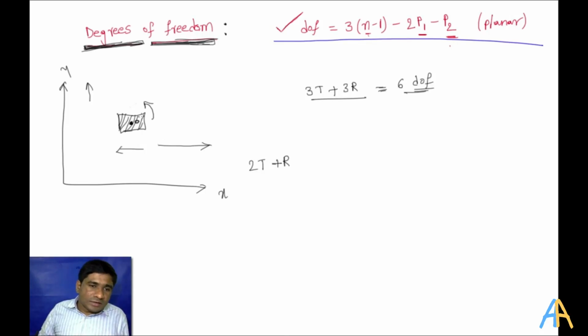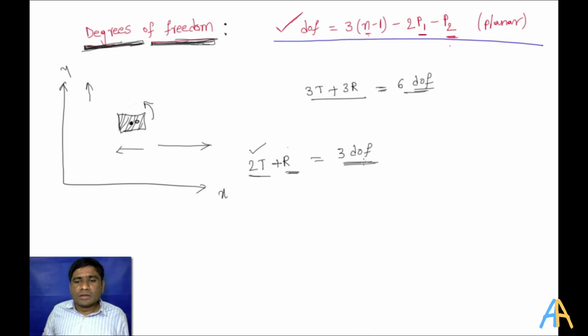So when you consider the same body in a plane, with planar coordinates, it has only 2 translations and 1 rotation. So altogether its degree of freedom is 3. And how many constraints are imposed compared to space? 3 constraints: 1 constraint in the translational motion and 2 constraints in the rotation.